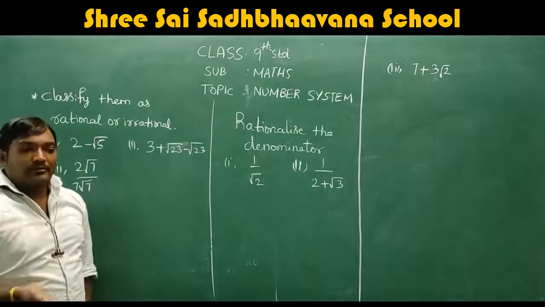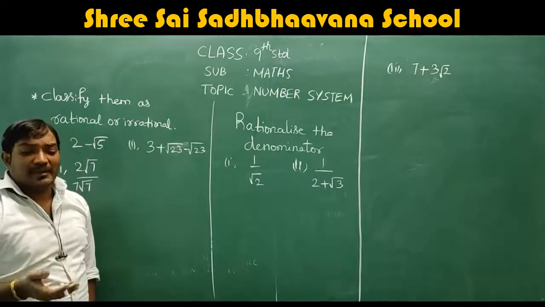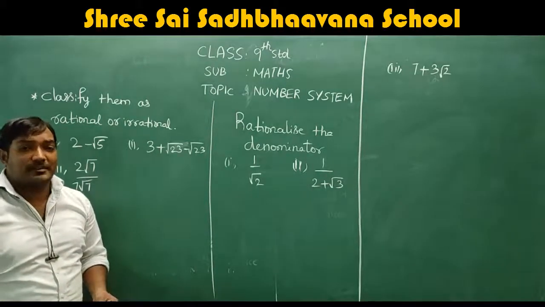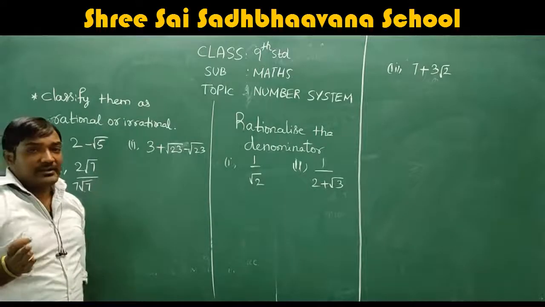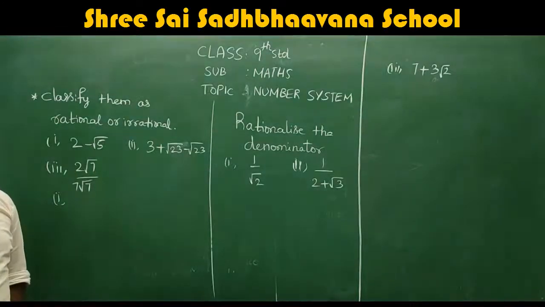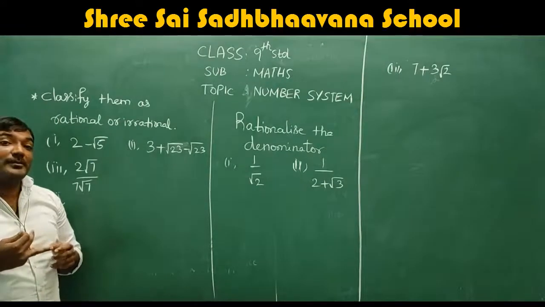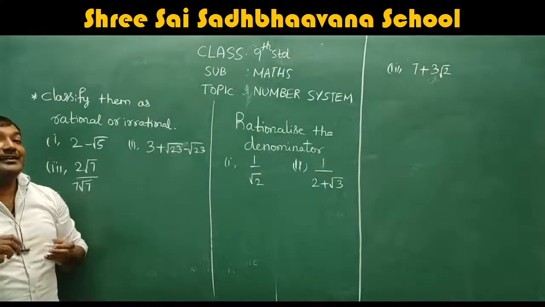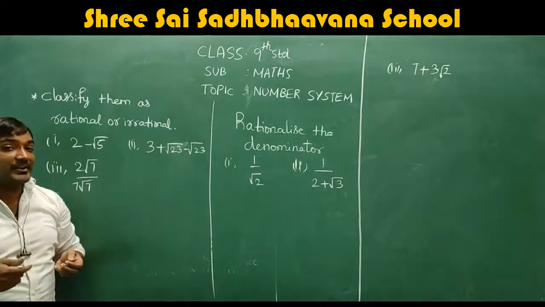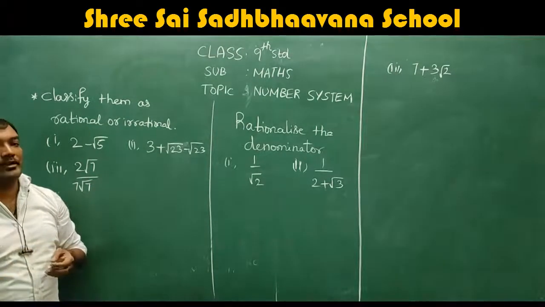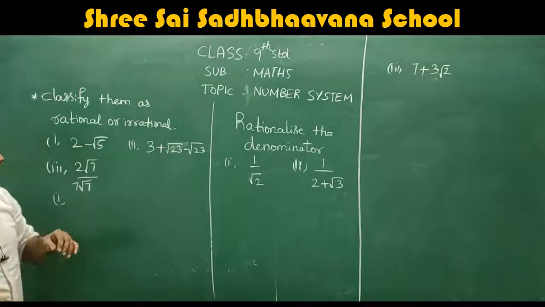The decimal expansion of a rational number is either terminating or non-terminating and repeating. The decimal expansion of an irrational number is non-terminating and non-repeating. You have to remember that.